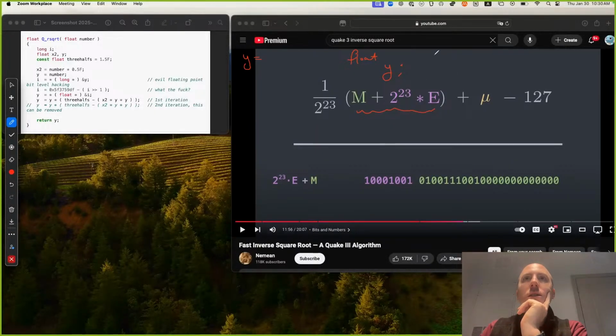And so to get the log of y, it's basically y times 1 over 2 to the 23 plus mu minus 127.